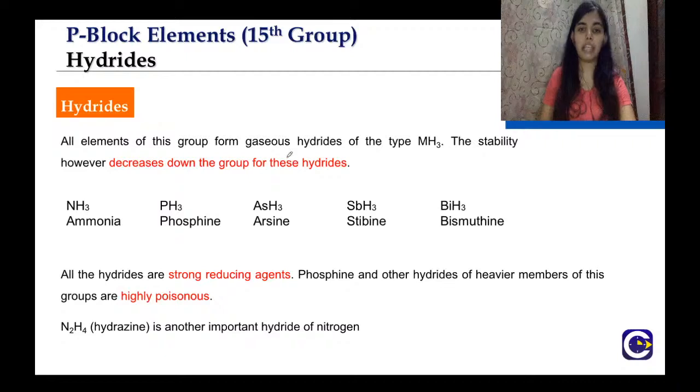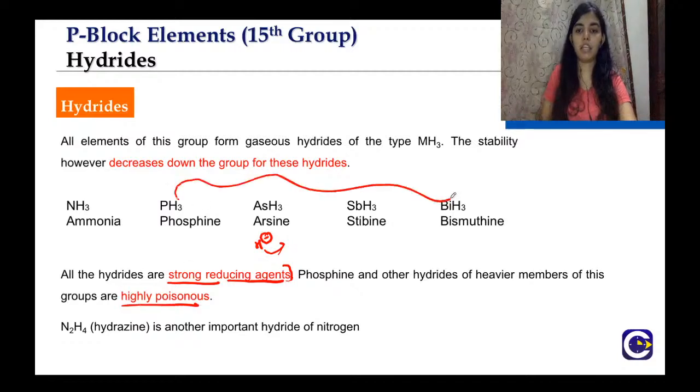We have already done that the bond dissociation enthalpy decreases, and therefore the stability also decreases down the group. All the hydrides are strong reducing agents because they can deliver H minus. Phosphine and other hydrides of heavier members of this group are highly poisonous.